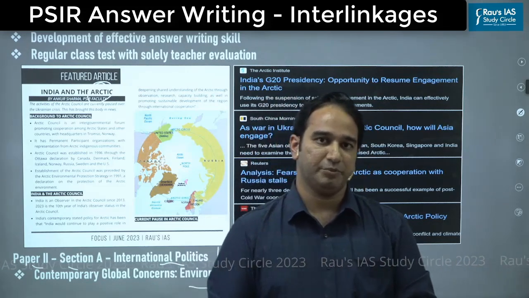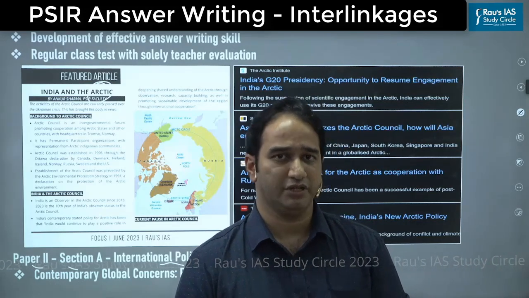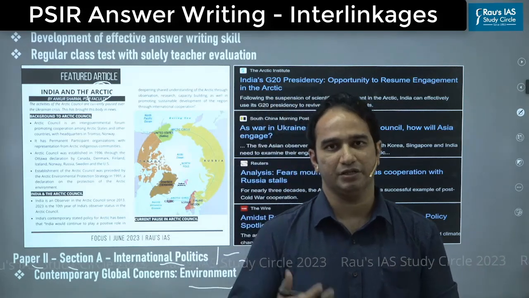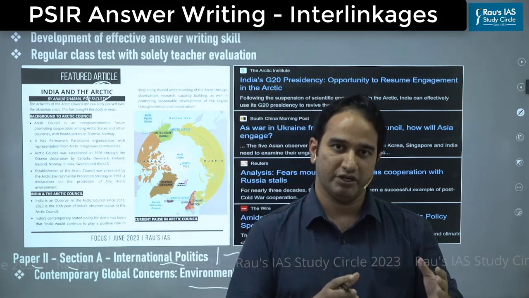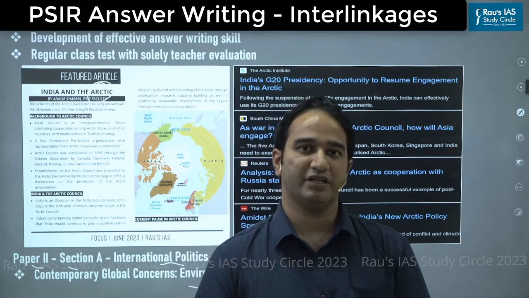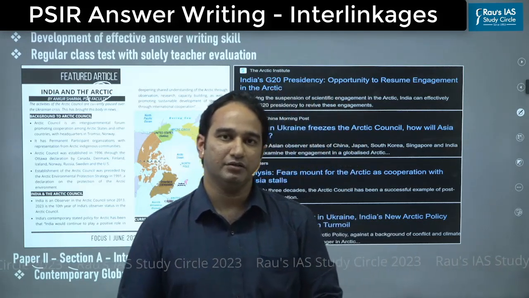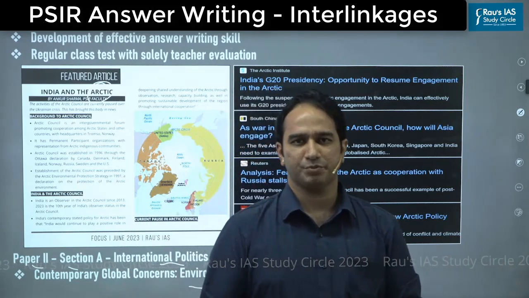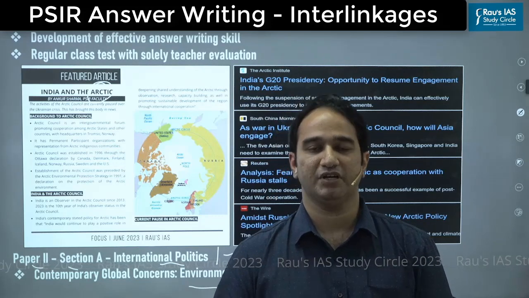In this, what has happened is that there are certain observer countries within the Arctic Council, India being one of them. There's also China, Singapore, Japan. And for India or any of these observer countries to undertake any form of projects within the Arctic, they require a form of sponsorship or engagement with one of the permanent members of the Arctic Council.